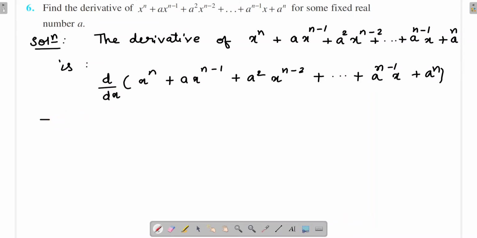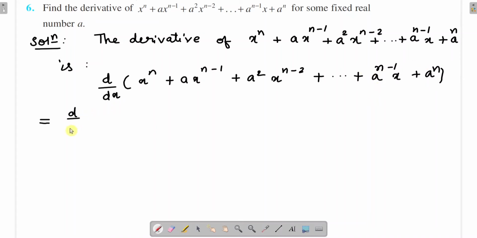So this will be equal to what? Again we have to use property 1 of algebra of derivatives, and that is you have to operate the derivative to each term, right?